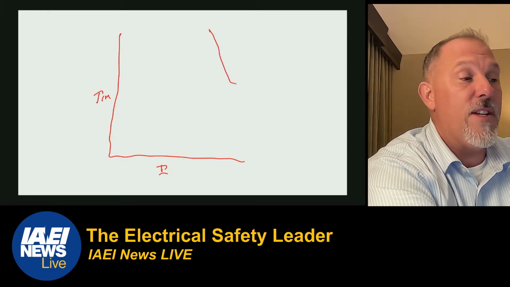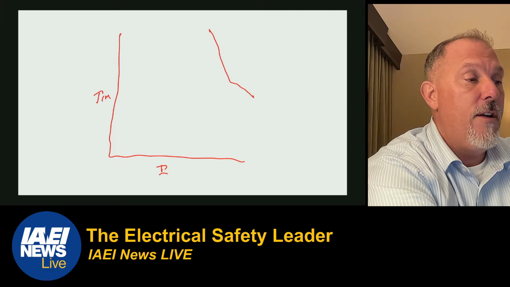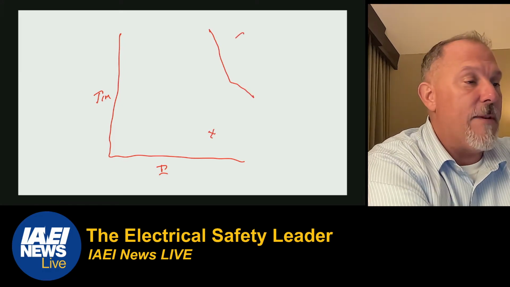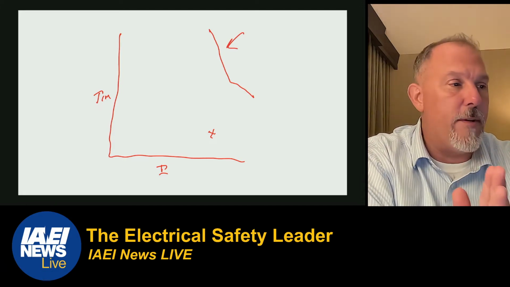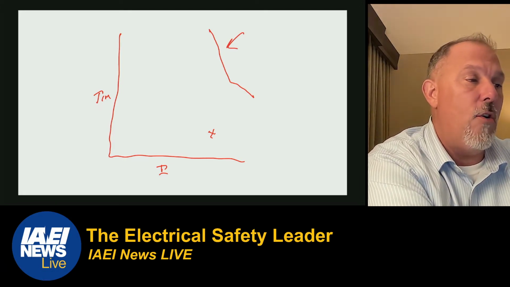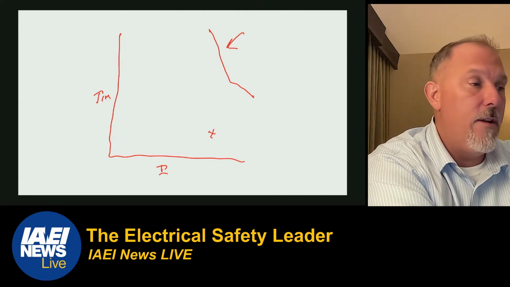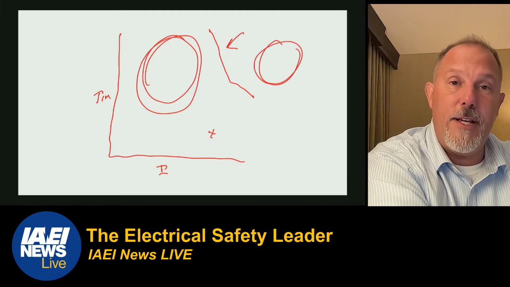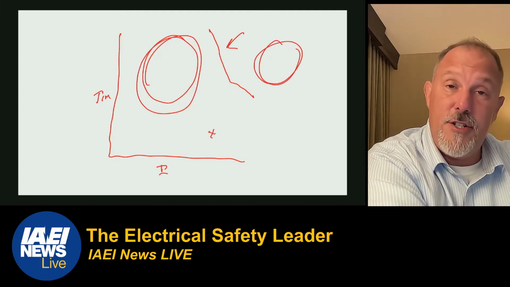I put my transformer damage curve up here. I have inrush. So this is my transformer damage curve. I want all of my overcurrent devices to clear in this area over here, and not this area over here that would provide damage.